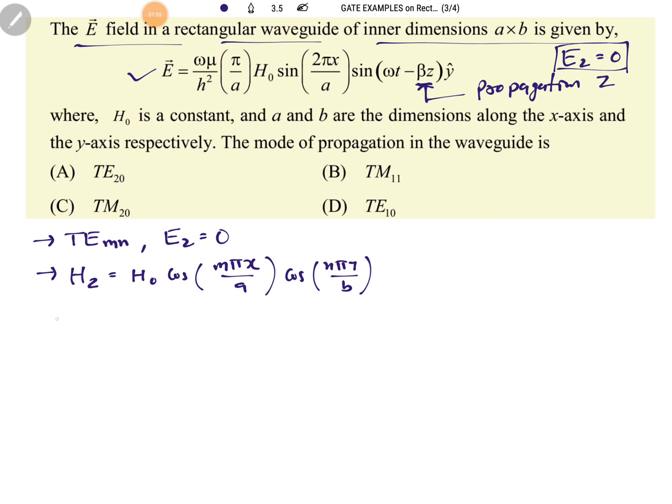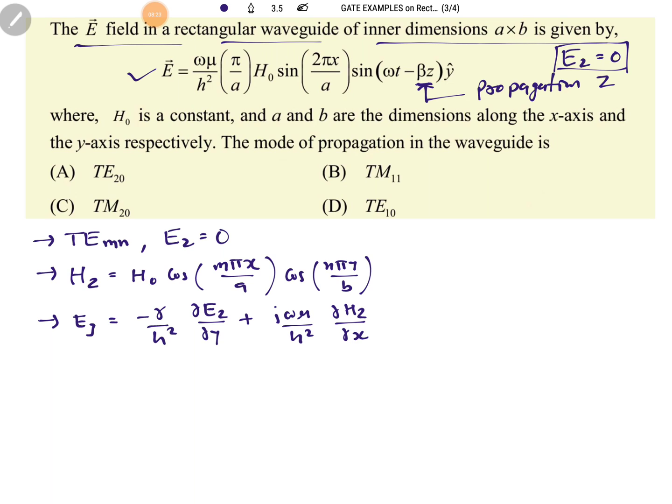And if we want to calculate the electric field along the y direction, then Ey will be minus gamma by h square into del Ez by del y plus j omega mu by h square into del Hz by del x.